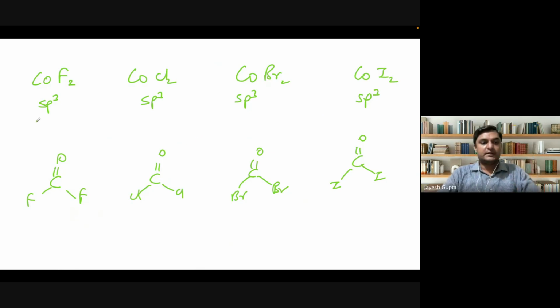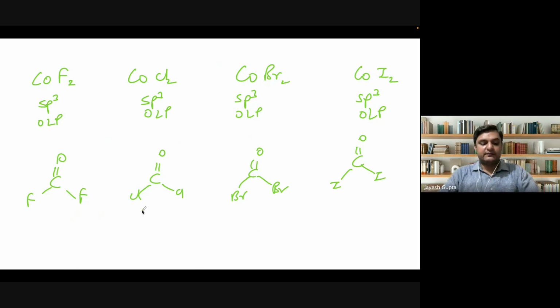Second step, lone pair. Here you can easily see zero lone pair. This is also zero lone pair, zero lone pair, zero lone pair. Now comes the third one, difference in central atom or side atom. Here you can see that the central atom is not changing. The central atom is carbon only, but there is a difference in side atom.